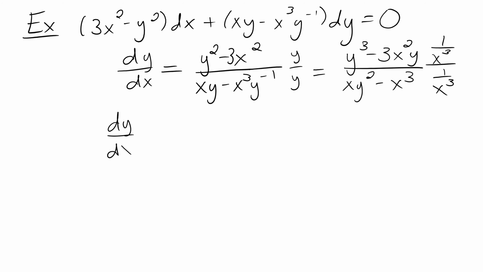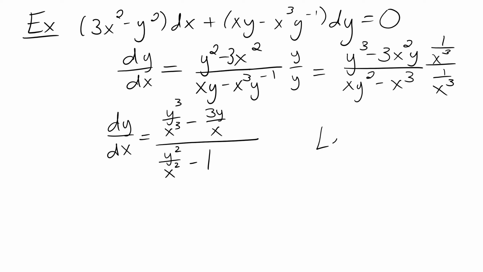So I have dy over dx equals y cubed over x cubed minus 3y over x all over y squared over x squared minus 1. And hopefully you can see that that is a function of y over x. Every variable term has y over x. I do have some constants, but that's okay.